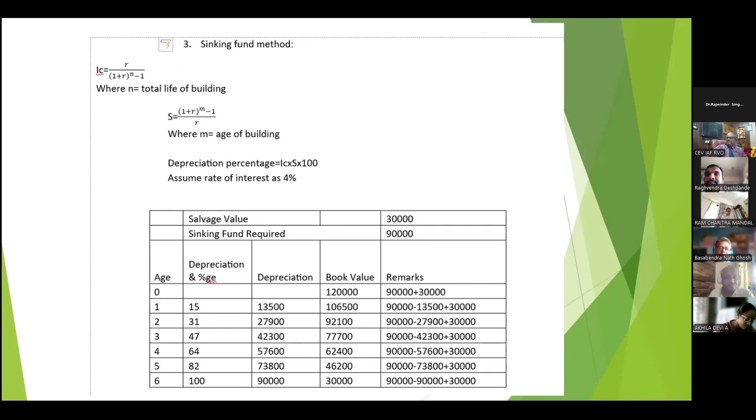अब सिंकिंग फंड में हमने क्या अज्यूम करना है कि हमने सिंकिंग फंड अक्यूमुलेट करना है। अब वैल्यू इसकी 1,20,000 आपको पता है, लेकिन आपने सिंकिंग फंड कितना अक्यूमुलेट करना, हाउ मच सिंकिंग फंड यू हैव टू अक्यूमुलेट? Value of the asset is 1,20,000, but how much sinking fund you have to accumulate?